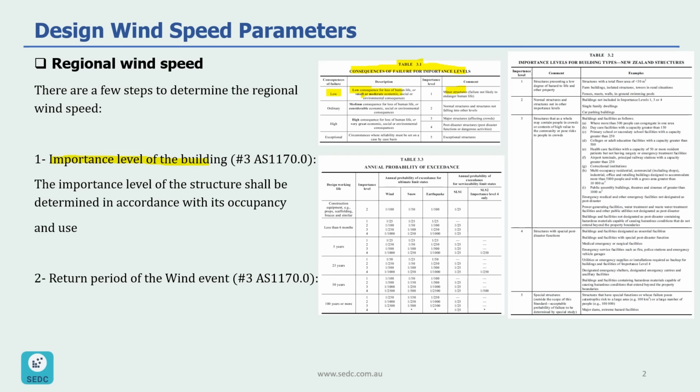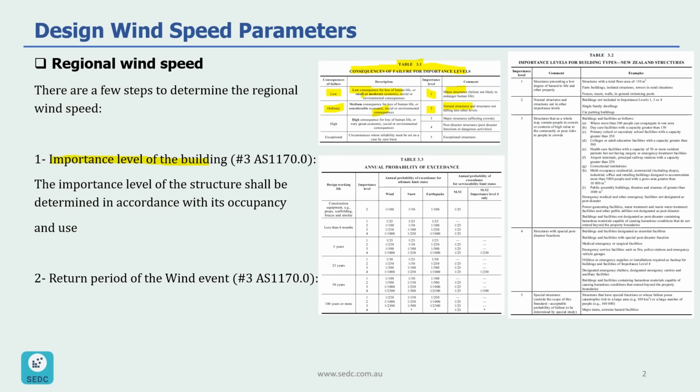This is related to importance level 1. The ordinary consequence of failure is for normal structures, where there is medium consequence of loss of life or considerable economic, social, or environmental consequences. So this is related to importance level 2.